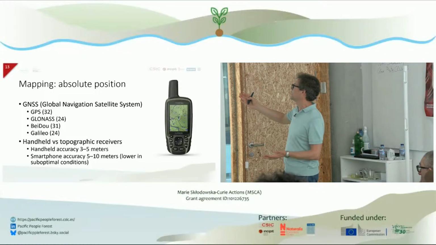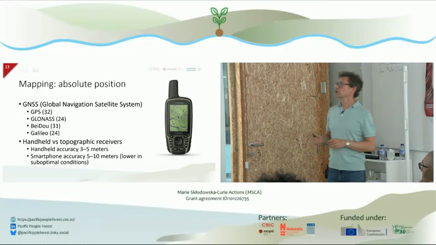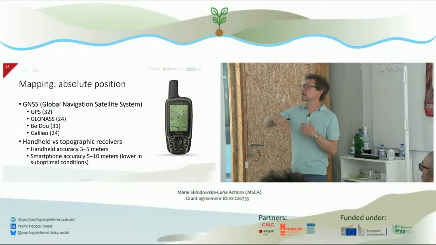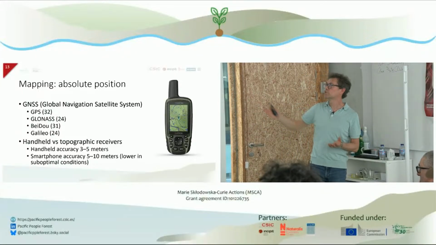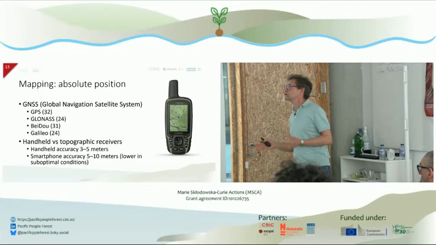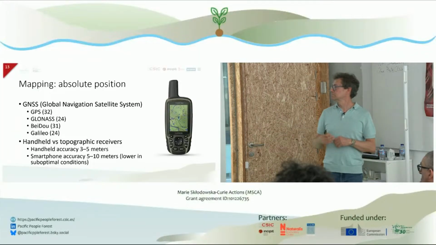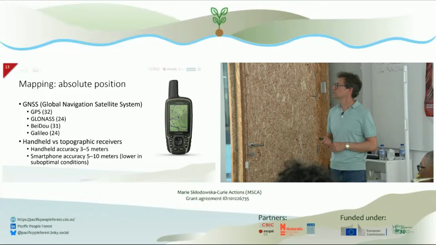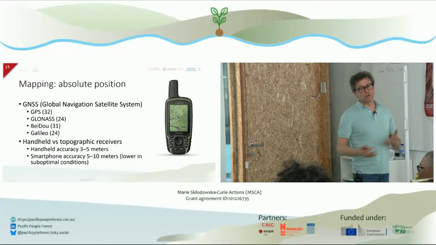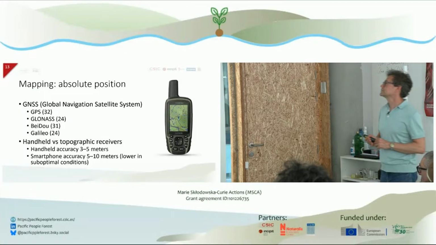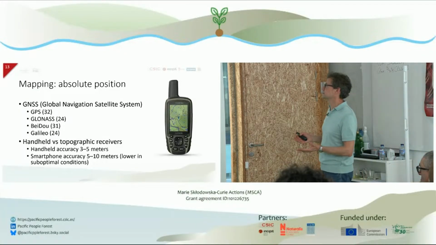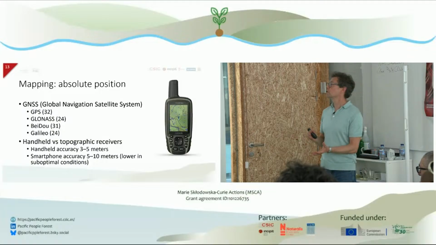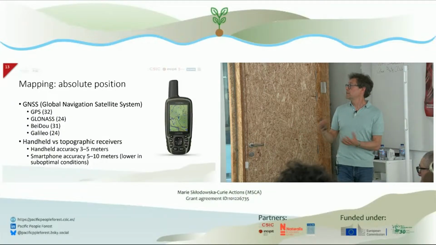So modern GPS receivers usually use any of these constellations indistinctly. Most of them can have access to all four constellations. So in ideal conditions, they can have access to a very large number of satellites, which increases the accuracy of the position. As you already know, your modern cell phones have GPS sensors, so you can get the location of something using your mobile phone, but the accuracy of the position changes depending on the device you use.